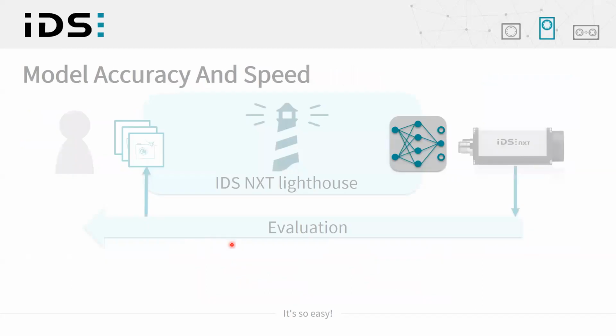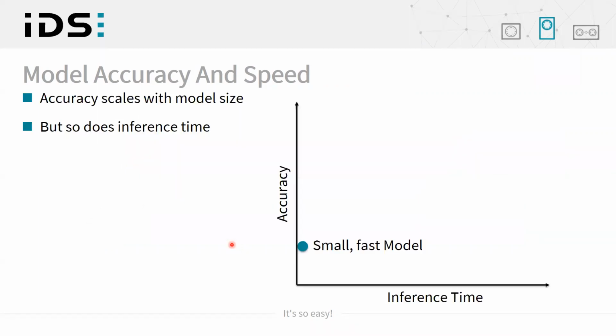Now I'd like to talk about the model size or time option. As you've seen, we offer a certain variety of model sizes, and of course, bigger models can potentially reach higher accuracies, but also take longer on the camera to process a single image.